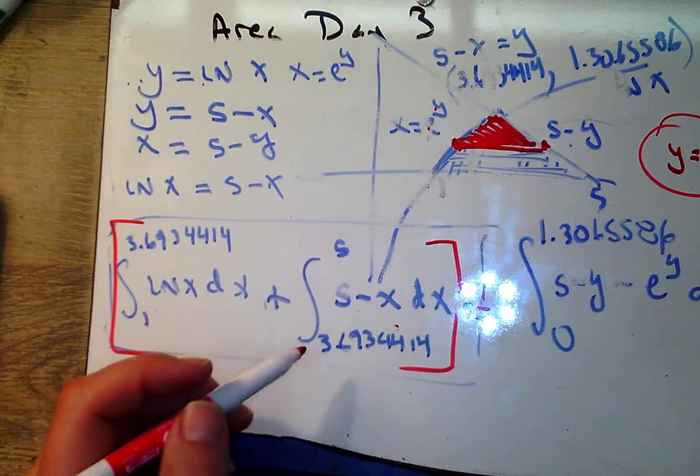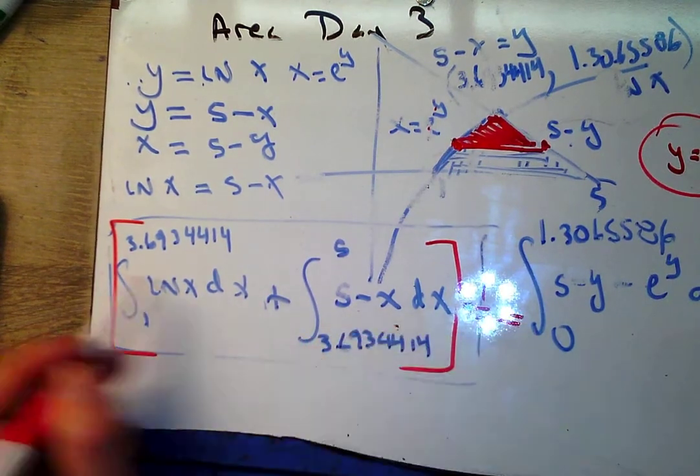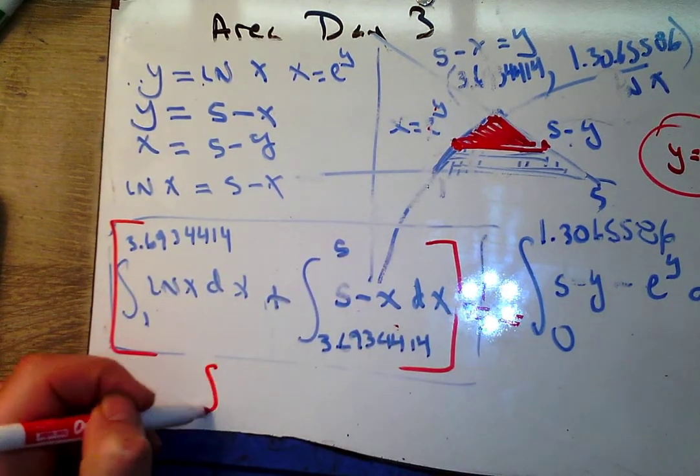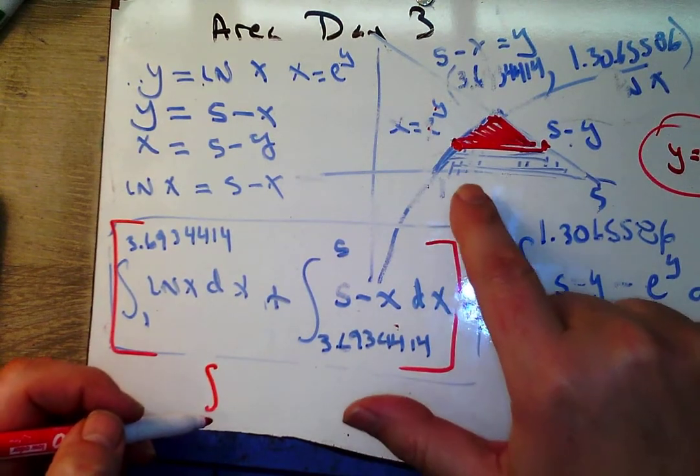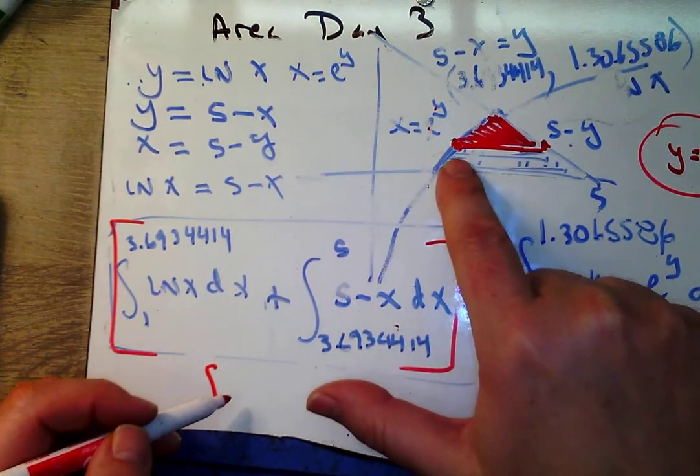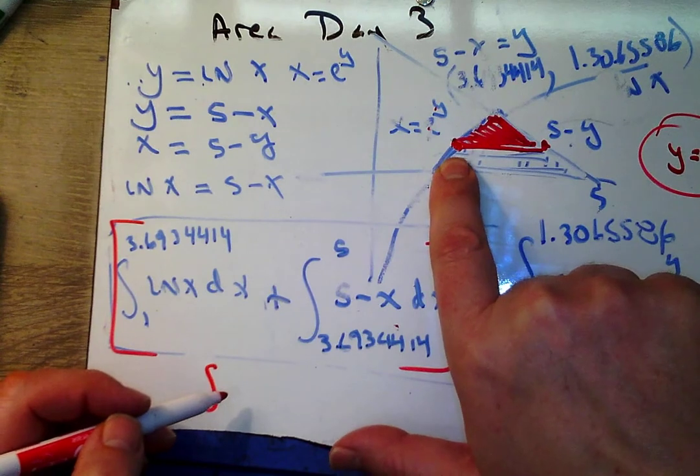And so I'd have to say that half of the area is equal to the integral from y equals k.